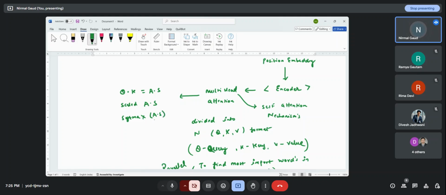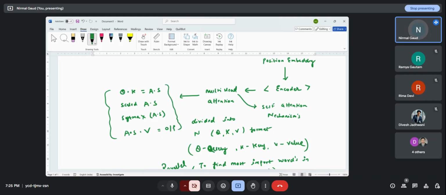So first scaled and then given to softmax. Then these attention scores again undergo a dot product with value, and you get the output. This is your attention mechanism.